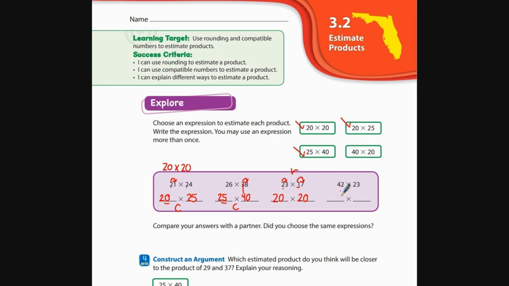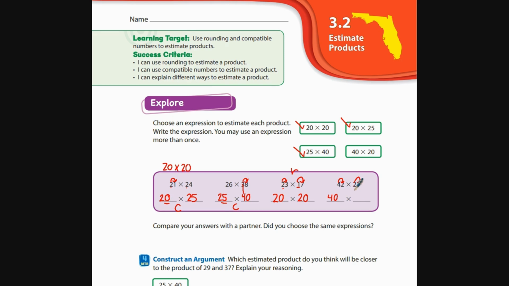Now that leaves us with the last one. Okay, 42 is not close to 45. 23 is not close to 25. So in that case, I'm just going to round. 42, go to the 2, 4 or less, let him rest. So the 4 gets to rest, the 2 goes home. Times 23, let's look at the neighbor. He's the boss.